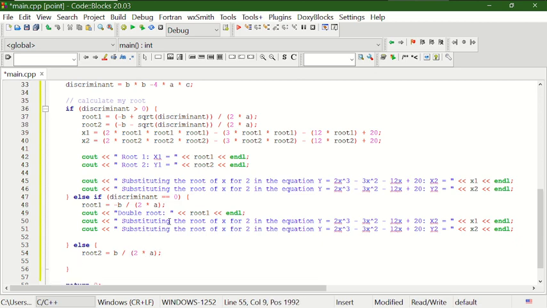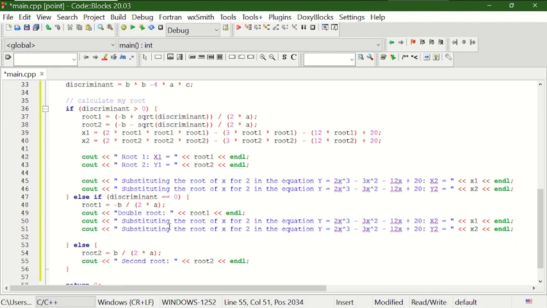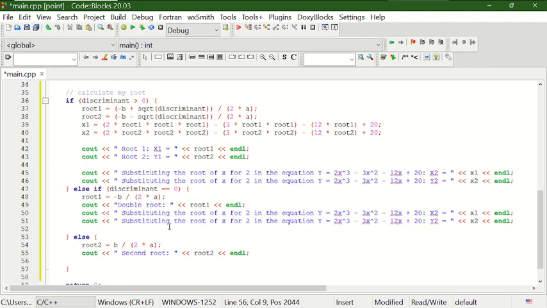Then we'll say Cout, the second root. So now say root 2, endl, then we terminate, then we paste that same thing.